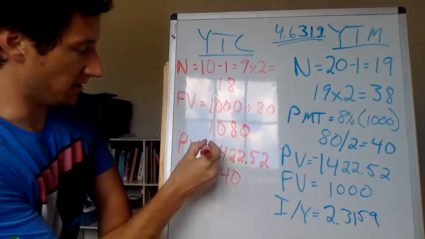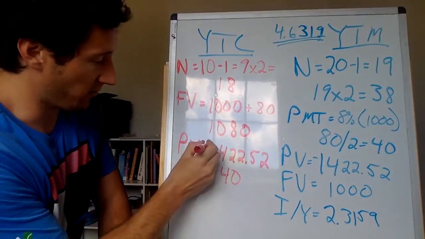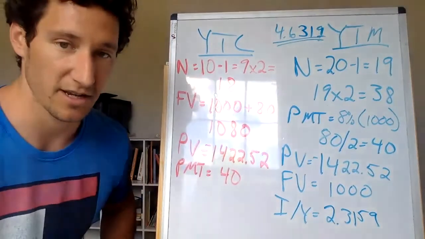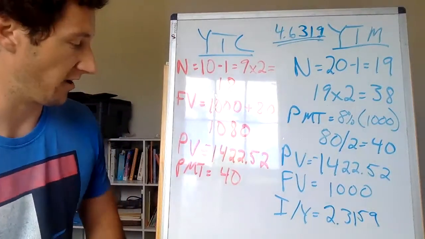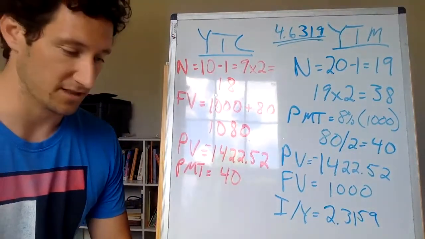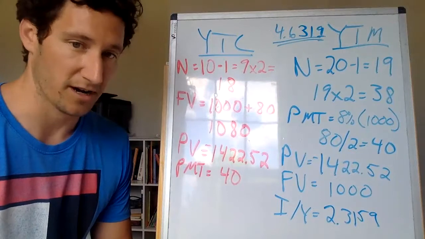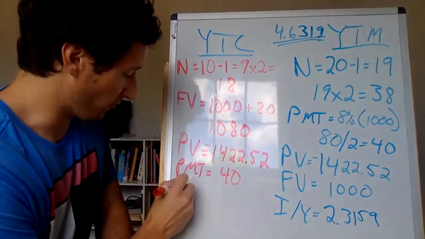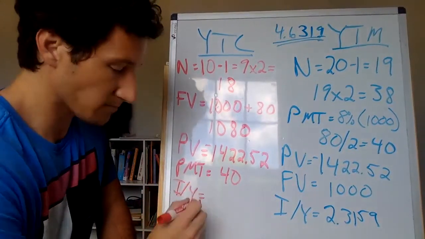All right, and remember, make the present value negative, and then you can keep your future value and your payment as positive, get those cash flows going in the right direction. All right, then solve for I/Y.